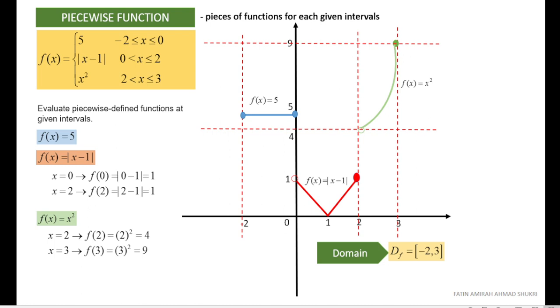And then what will be the range? The corresponding range. You baca dari mana ke mana kelas? Dari bottom to up. Okay, so kalau dari bottom to up, you tengok 0, 1, 4, 5, 9. Okay, yang mana dia exist? Dia lalulah maksudnya. Dia passes through.